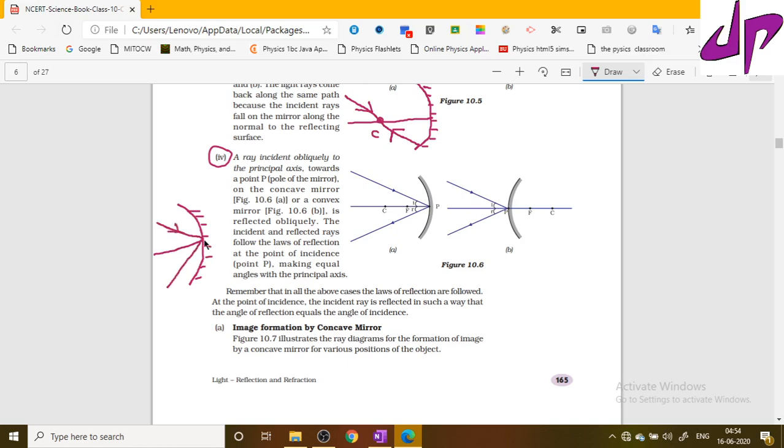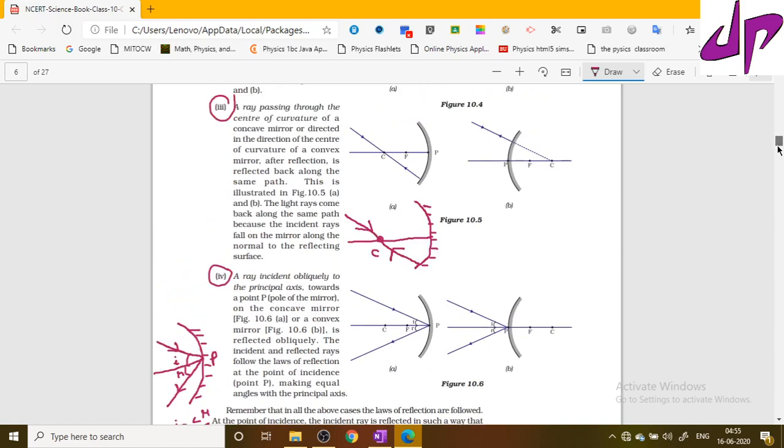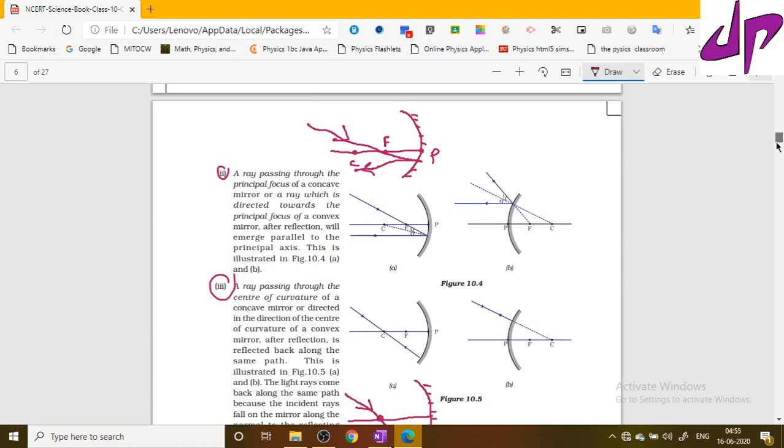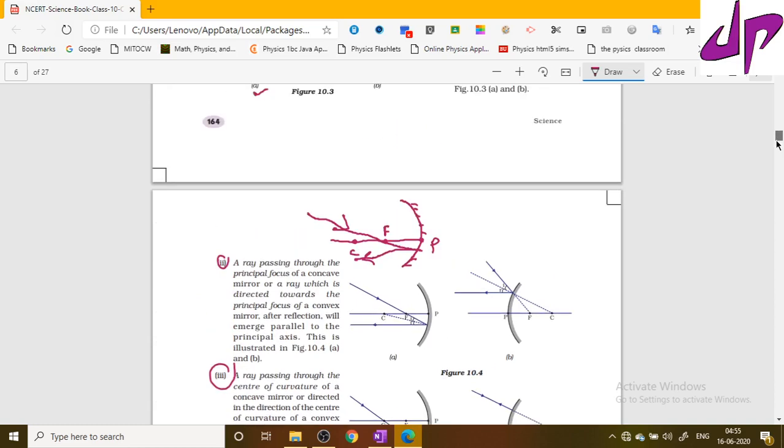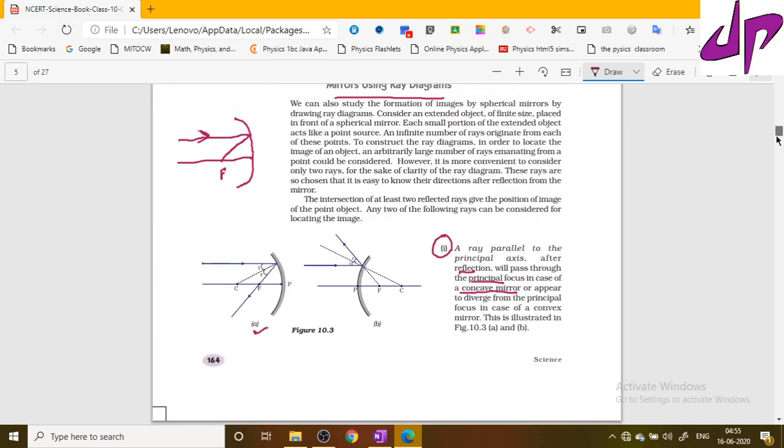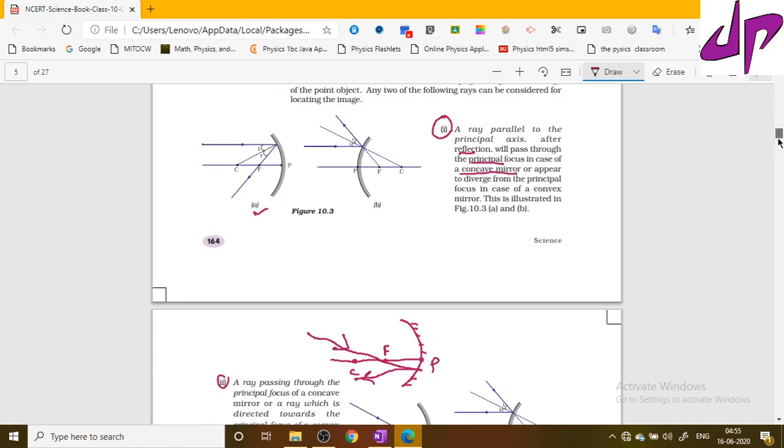If a light ray strikes at the pole, it follows the law of reflection, which means angle I equals angle R. So these are the rules we will use to form an image. For the time being, I discussed only the concave mirror.